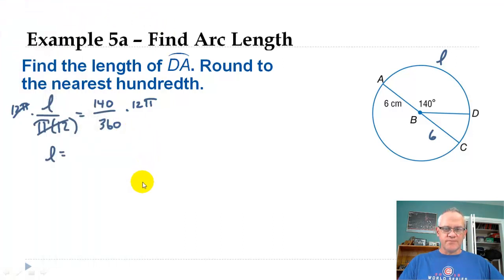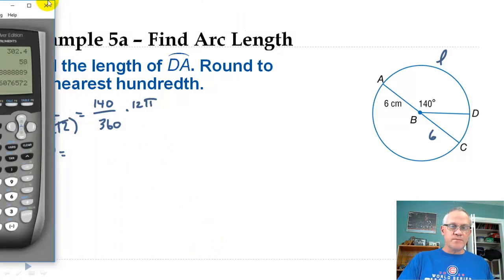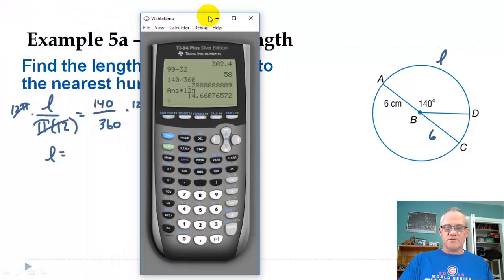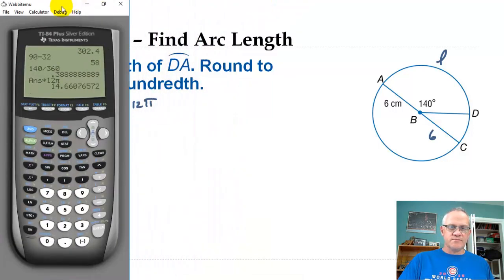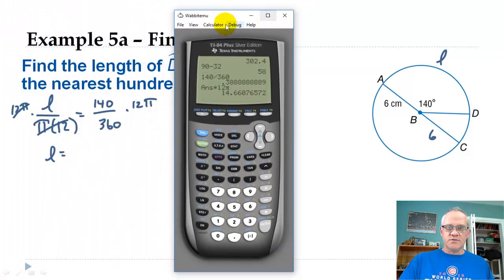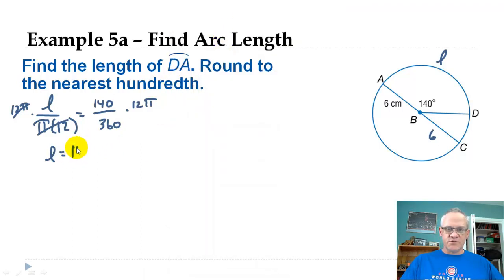This calculator doesn't like me today. All right, so we're going to round that to the nearest hundredth, so 14.66 centimeters.